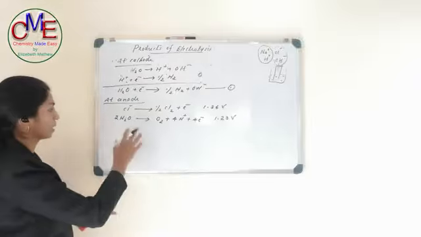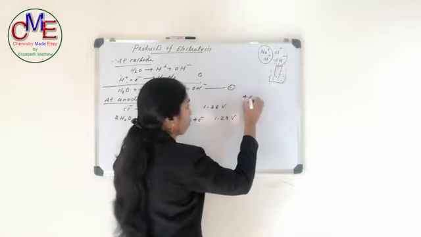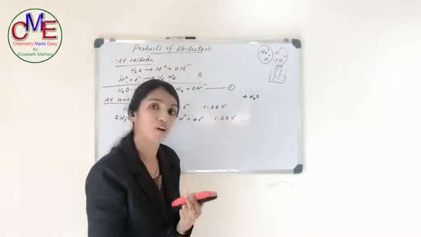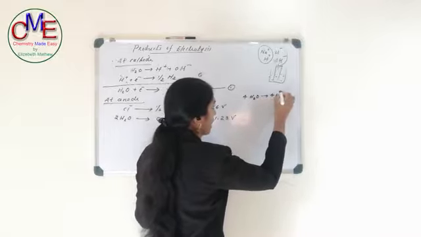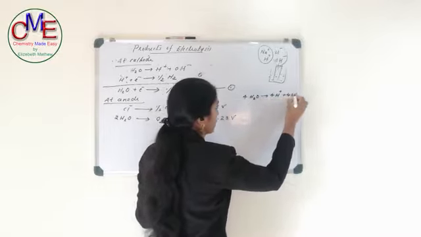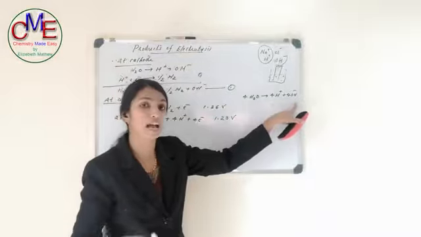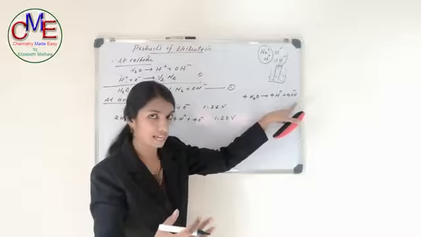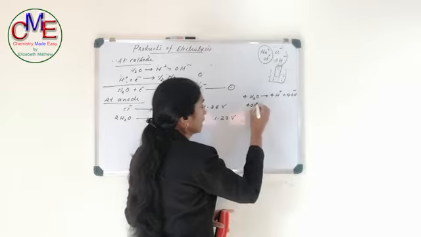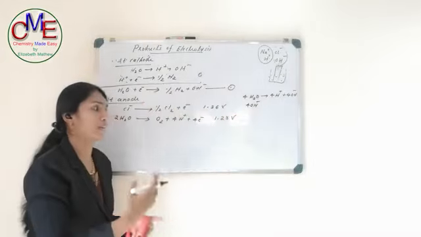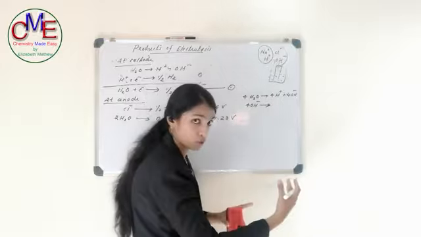I will explain. If we take 4 moles of water molecule, it will dissociate to form 4 H plus ion and 4 OH minus ion, right? At the anode, negatively charged ions will oxidize, right? So here the negatively charged ion is 4 OH minus ion. If these 4 OH minus ions get oxidized, what will be the product? Oxidation means loss of electron.